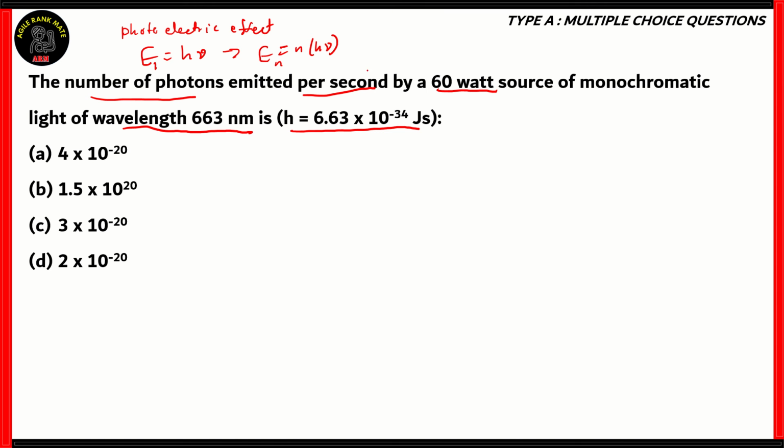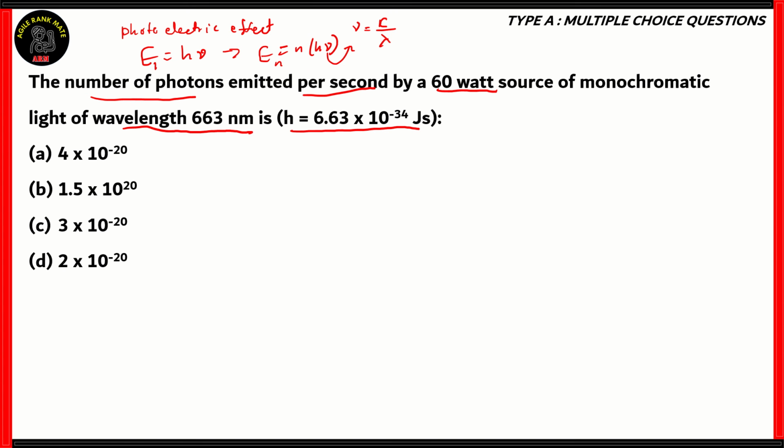Of course, you can calculate frequency as c over lambda, where c is the speed of light, which is constant, and lambda is the wavelength, which is given. So we know the wavelength, Planck's constant, and the speed of light, but we need to find the energy in order to calculate n.